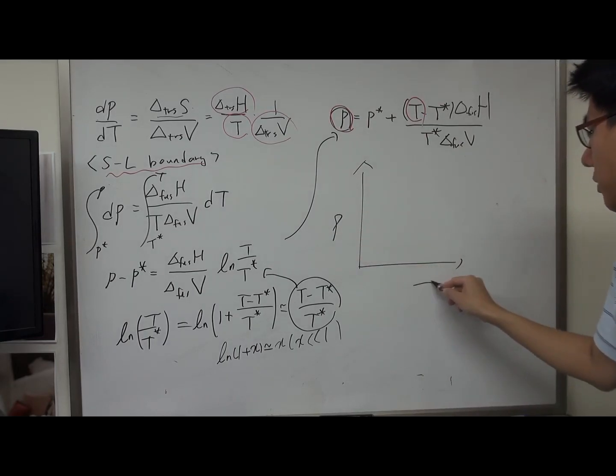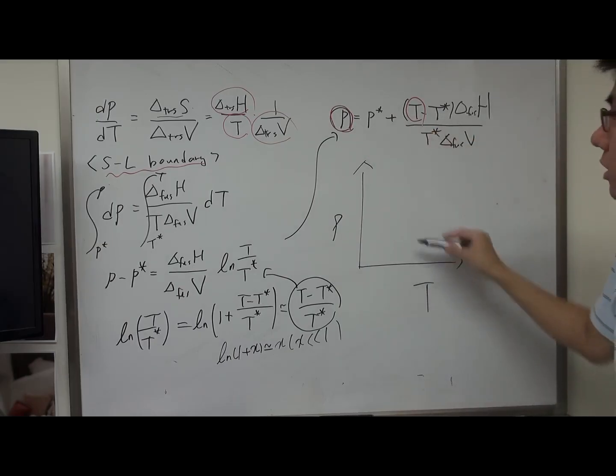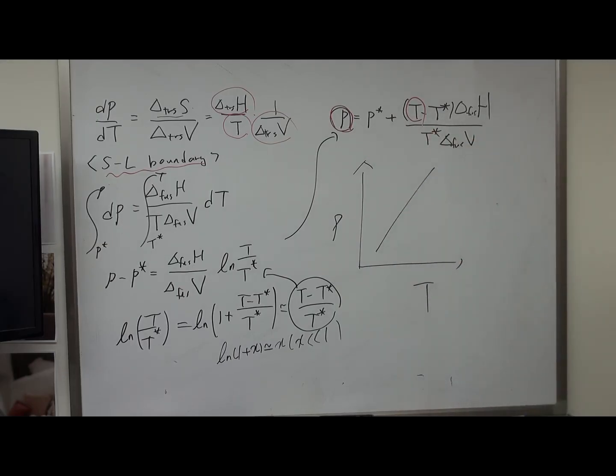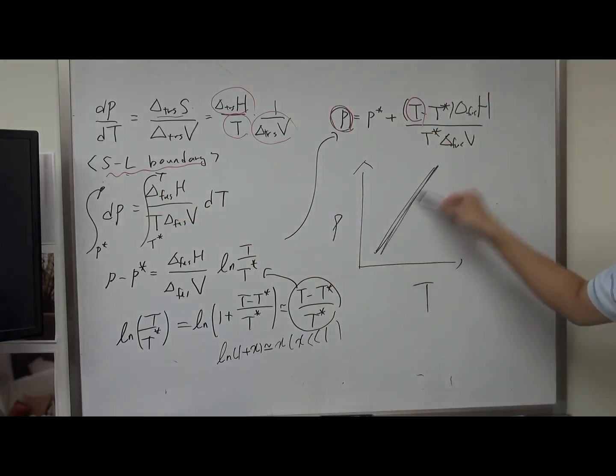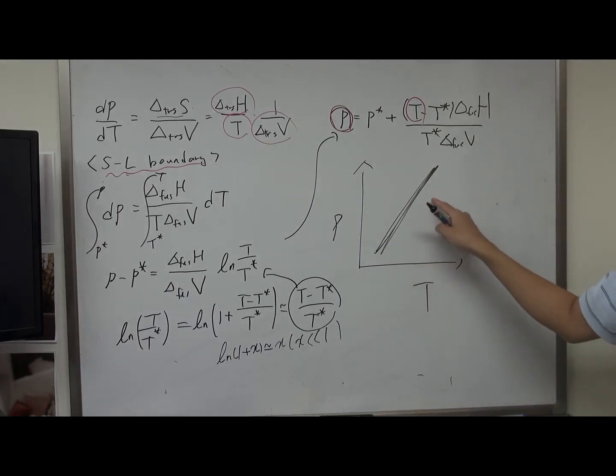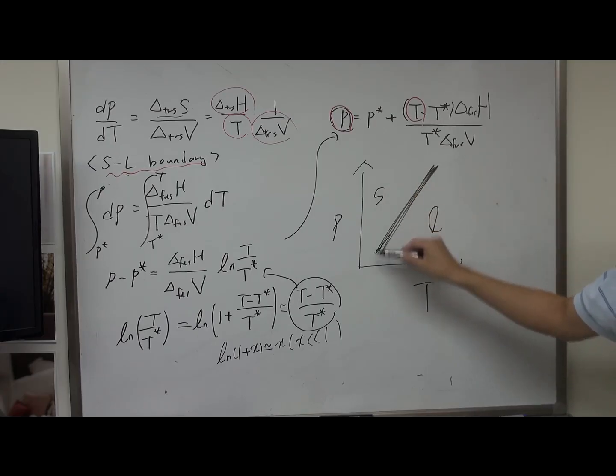Pressure as a function of temperature, which is just a simple straight line. Okay? So solid-liquid boundary corresponds to a simple straight line. So we got one phase boundary. Solid-liquid boundary looks like this. Okay?